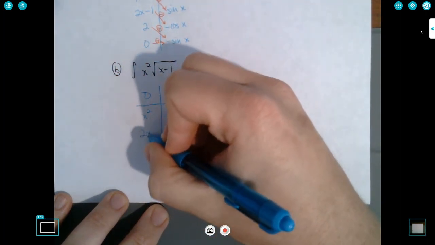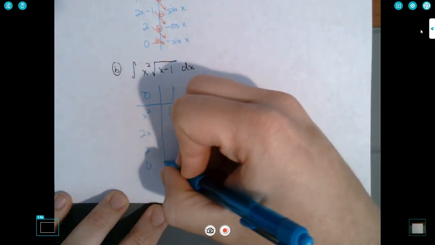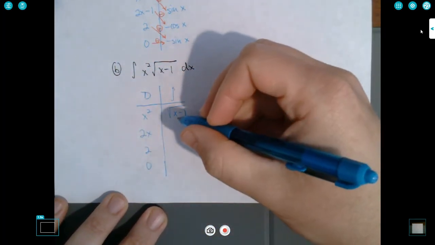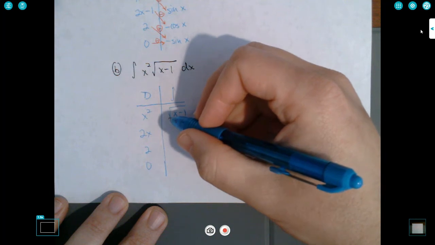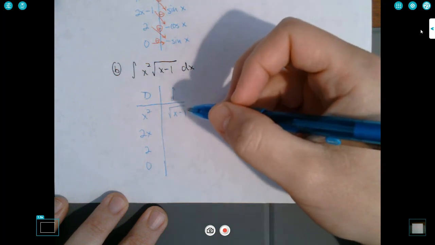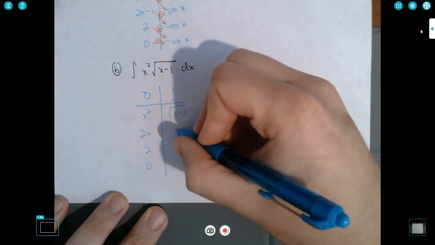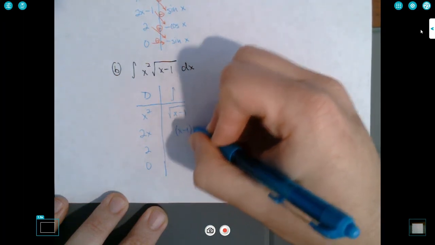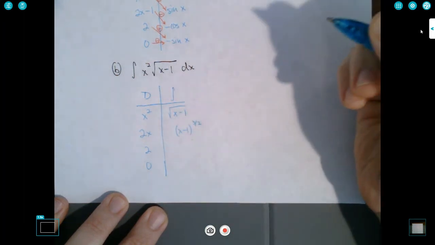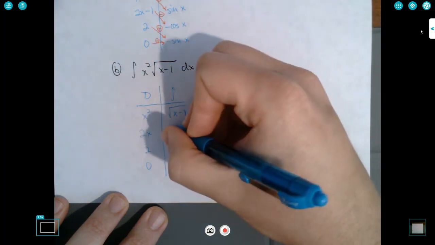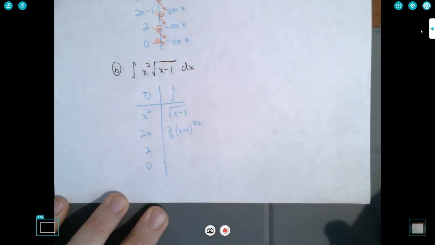So 2x, 2, 0. Here, if I integrate this, if I think of this as (x minus 1) to the 1/2 power, then I'm going to add 1 to the exponent, get 3/2, and then divide by that new exponent, which is the same as multiplying by 2/3.